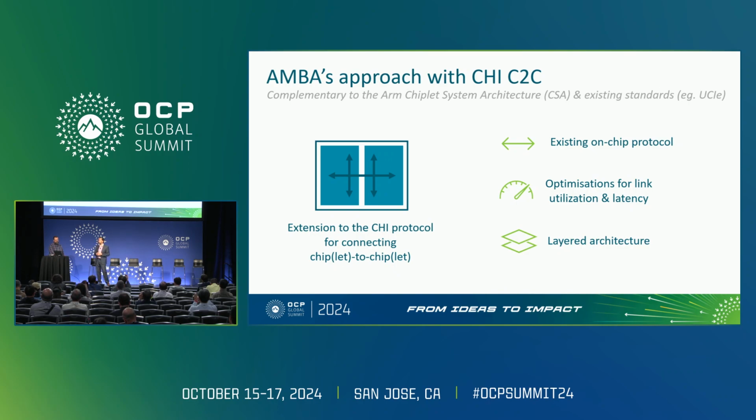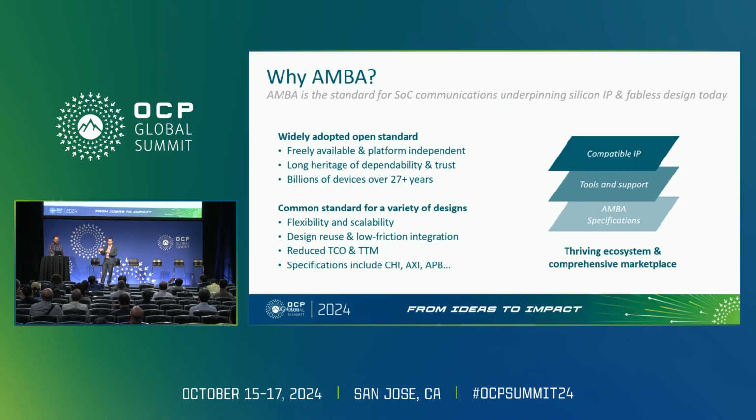It's complementary to a lot of the initiatives we are seeing, like UCIe, but also complementary to initiatives like the one we have at ARM with the chiplet system architecture, or CSA. I'm not going to go into too much detail on the benefits now. We're going to go back to that later on.